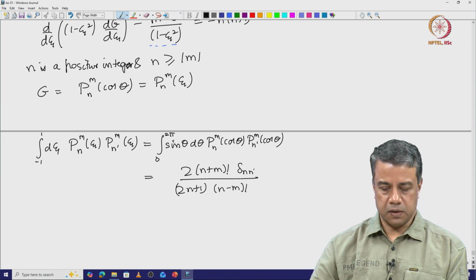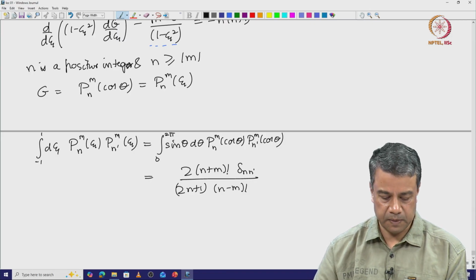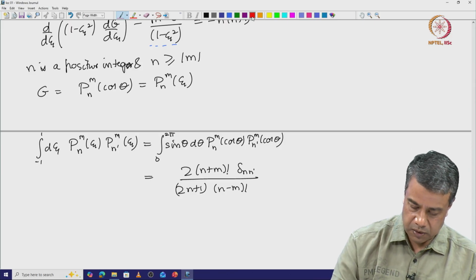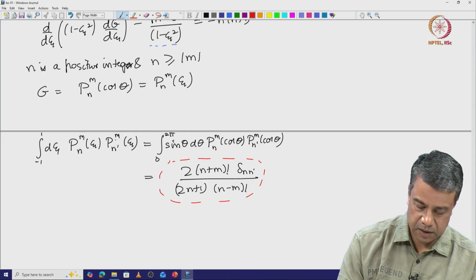So, this is non-zero only when n is equal to n prime. And when n is equal to n prime, this integral depends both on n and on m.